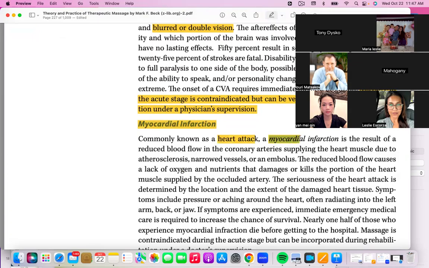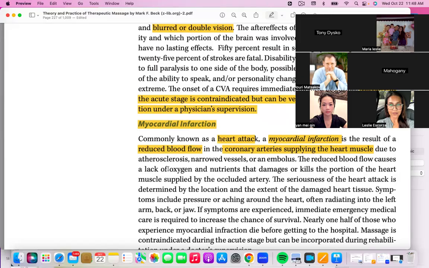Myocardial infarction, the next one, which we call the heart attack. Myocardial, the heart muscle; infarction. So what happens? It's a reduction of blood flow to the artery of the heart, which is called the coronary artery. It's the only artery that is dedicated to the heart. So it's an obstruction of blood flow, and it can happen through arteriosclerosis, vessel narrowing, embolism, all the things that we mentioned before.